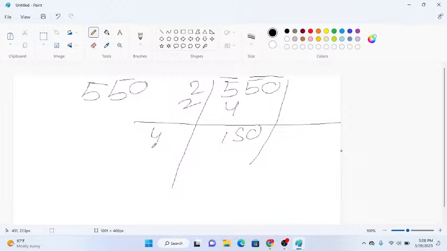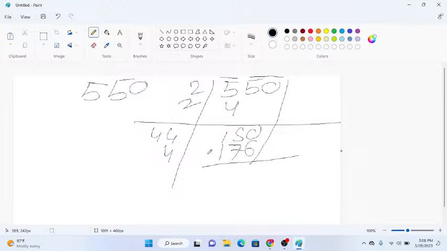We check a smaller number: 3. 3 3s are 9, 3 4s are 12. This is less, so don't go for less, either 150 or greater than 150. So we will take 4, and 4 4s are 16, giving 176.